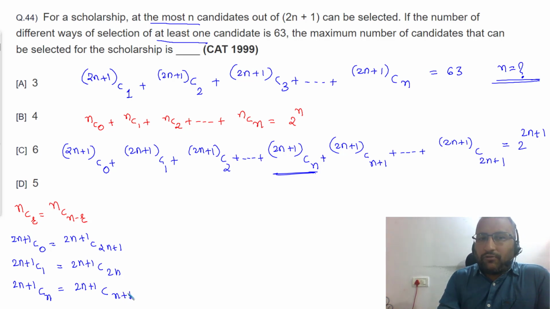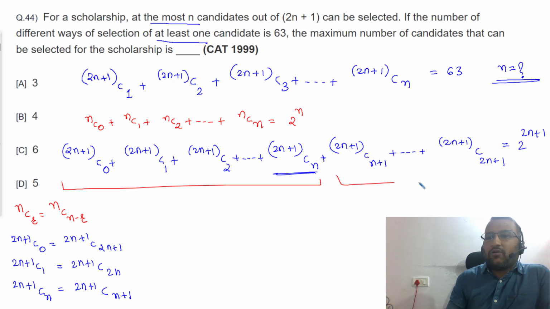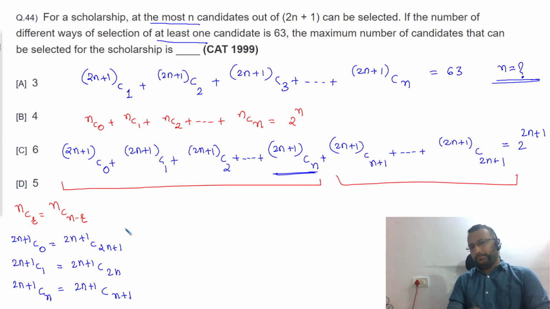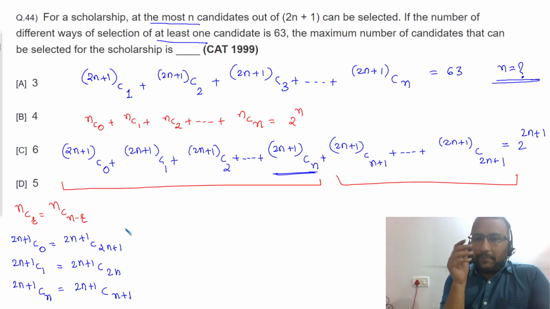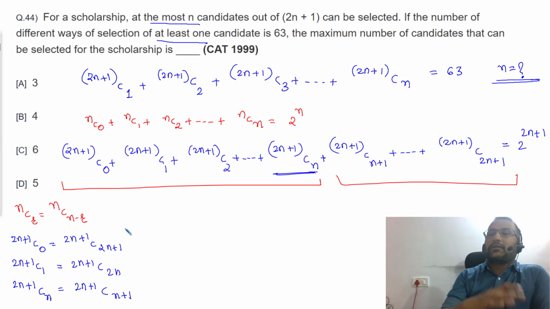So from this, what can we conclude, everyone? The value of this and the value of this are going to be the same. This addition is going to be symmetrical. The first term and last term are equal, second term and second last term are equal, third term and third last term are equal, everyone. So what is the addition of these terms?